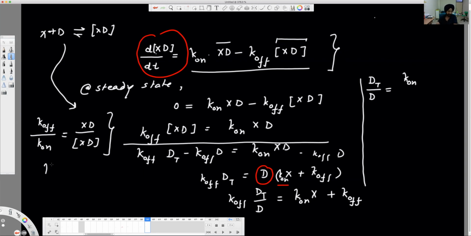Sometimes you call it the equilibrium constant. This is your Kd. So we actually don't need to bother about K on and K off now. This is nothing but Kd, right? So let's keep it simple. We continue from here to the next page now. So your Kd times Xd is equal to X times D, and this is your Kd times capital dt minus Kd times d is equal to Xt.